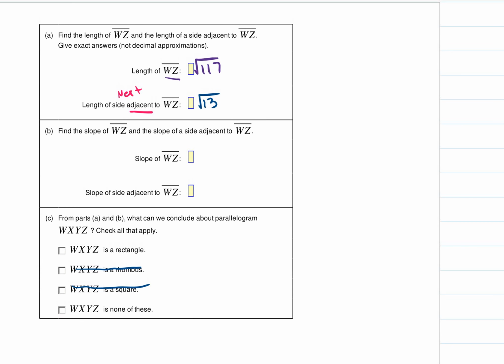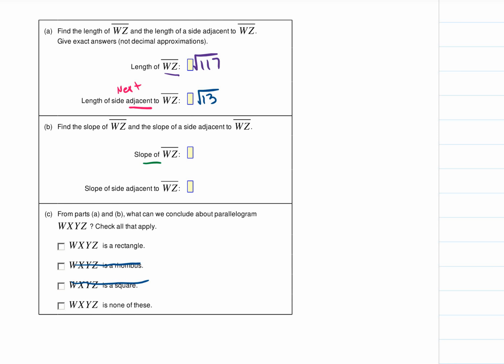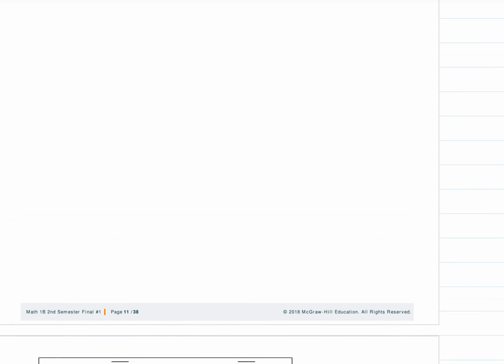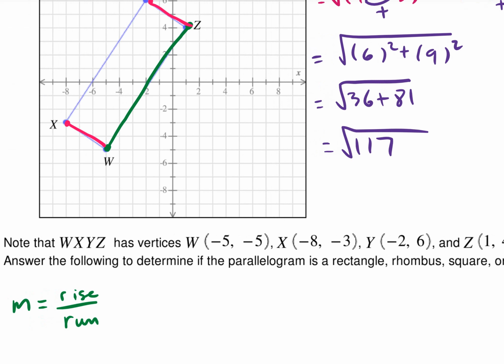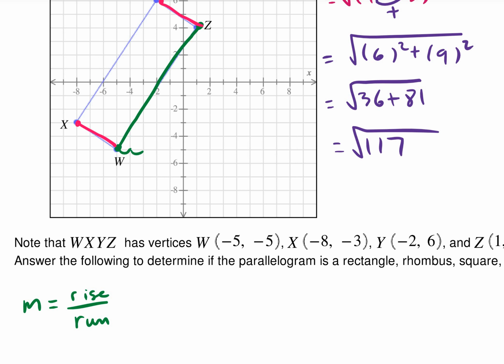To check for a rectangle, we need to find the slope of WZ. Slope m is rise over run. From W to Z is 1, 2, 3, 4, 5, 6, so run 6. And 1, 2, 3, 4, 5, 6, 7, 8, 9, go up 9.